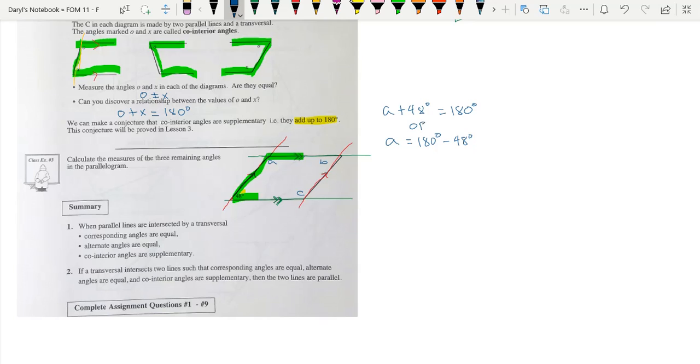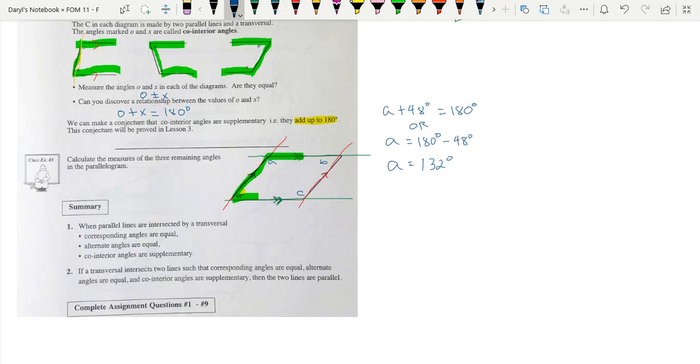So if you do that, that gives me 132 degrees. So that means that A is just 132 degrees.